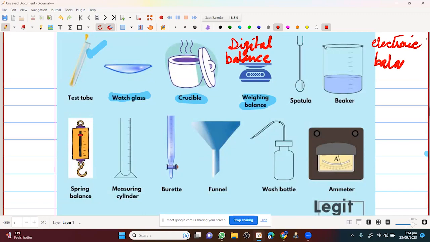It will be used to measure mass or weight. Mass is basically in grams, and grams is the unit of mass. So you have to measure the mass. Solid things are measured by using these apparatuses.